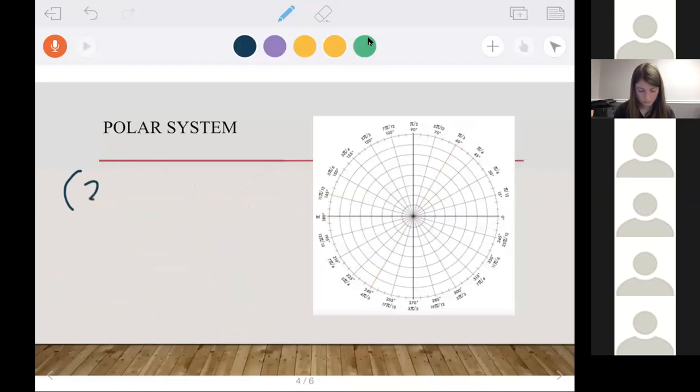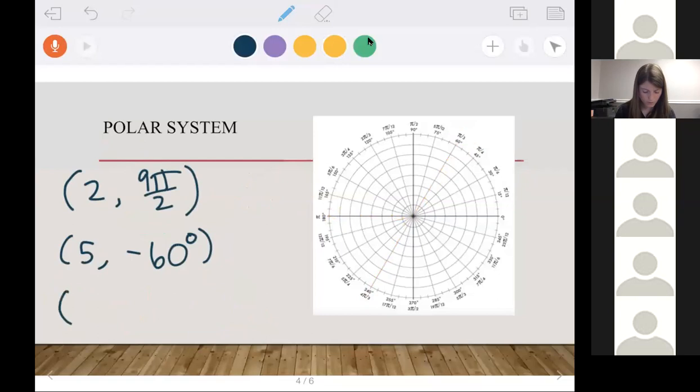So let's do 2, 9 pi over 2. I want you to do 4, negative 60 degrees. And then I want you to do 1 and 5 pi over 4. Okay, so plot those 3. These are all in the polar system. And I'm going to try to figure out why Desmos is not cooperating with me really quickly while you guys are doing it.